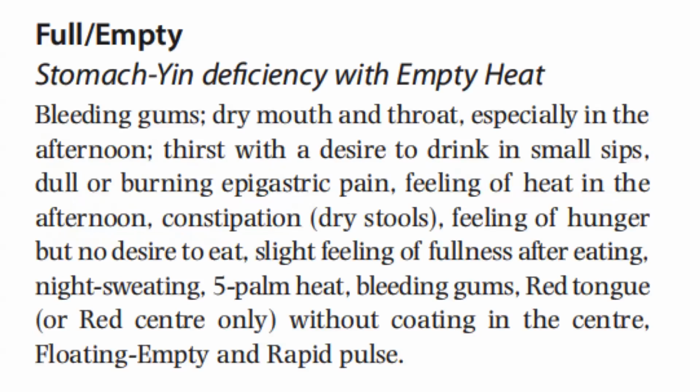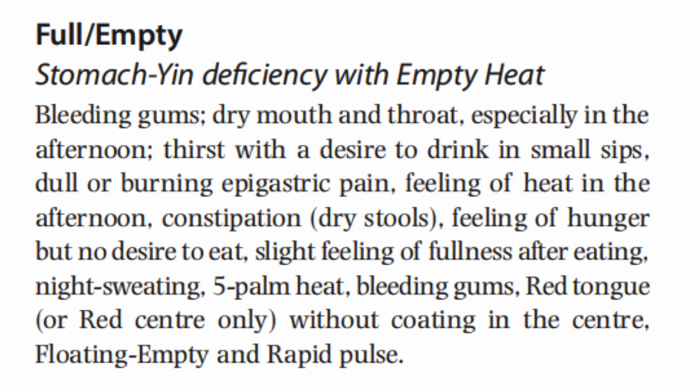So we go to empty heat, meaning stomach yin deficiency with empty heat. Bleeding gums, dry mouth and throat, especially in the afternoon. Thirst with desire to drink in small sips. Dull or burning epigastric pain, feeling of heat in the afternoon. Constipation or dry stool. Feeling of hunger but no desire to eat. Slight feeling of fullness after eating. Night sweating, five palm heat.